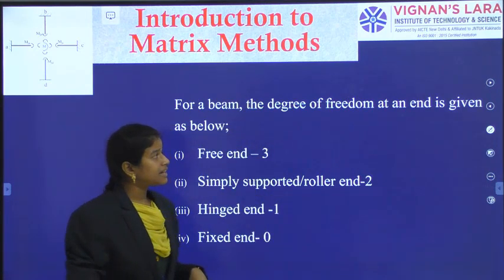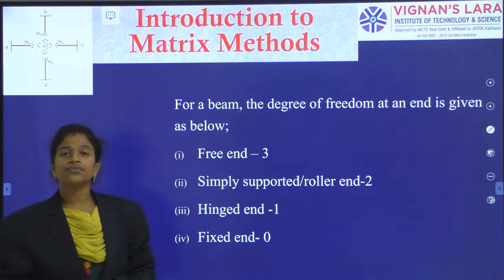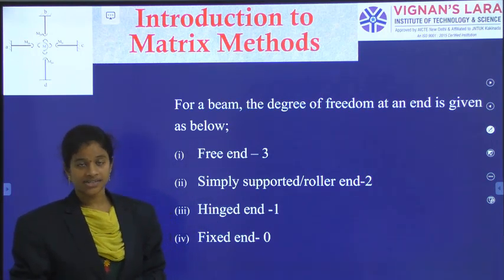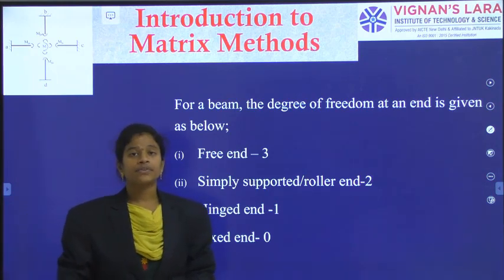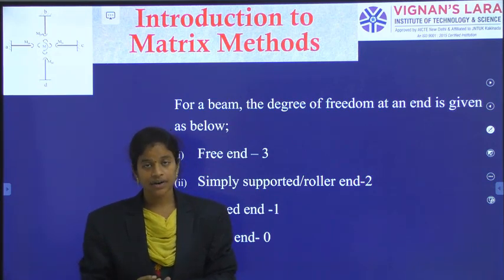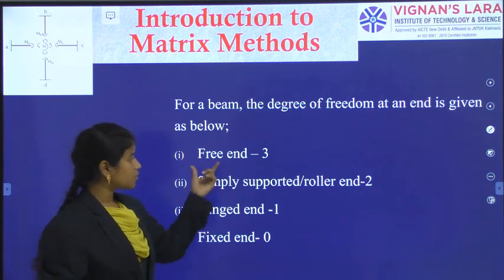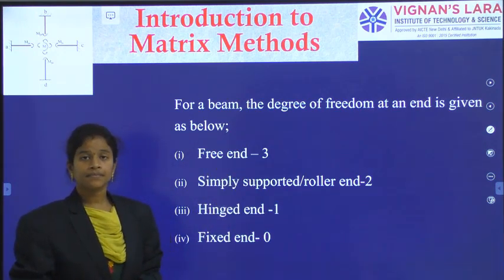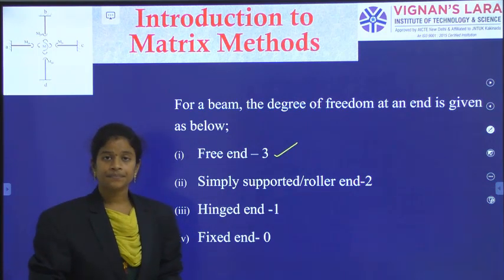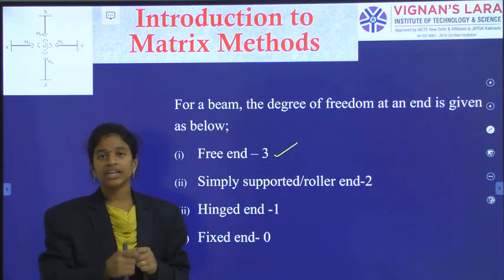For a beam, the degree of freedom at an end is given by, degree of freedom means how many equations for calculating the displacements at the joints. How many equations are required for finding the displacements at the joints? So, for the free end, there are 3 degrees of freedom because the free end can move in any way.